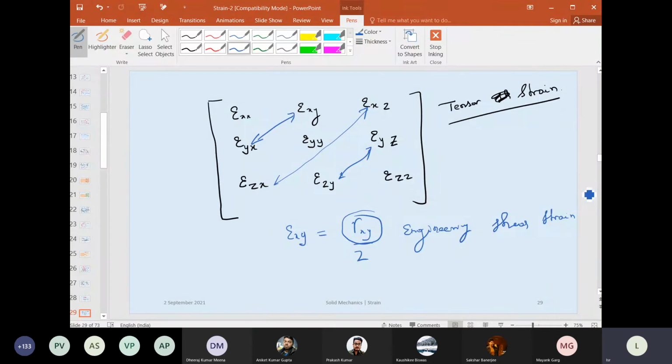Gamma xy doesn't come in the tensorial shear strain, so naturally what is actually the tensor quantity is epsilon xy, that is gamma xy by 2.